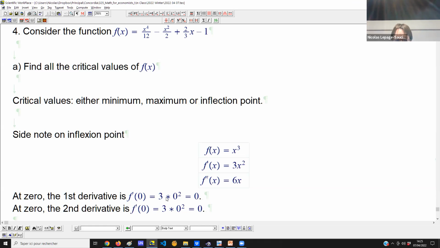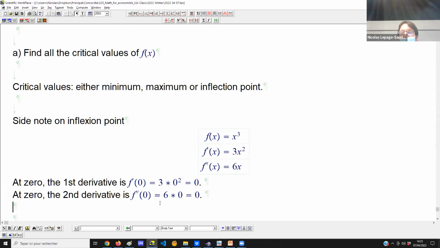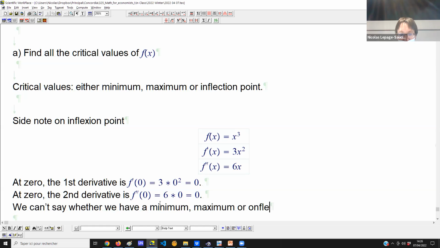It is 0 at 0. So all we know for sure is we can't say minimum, maximum, or inflection point.